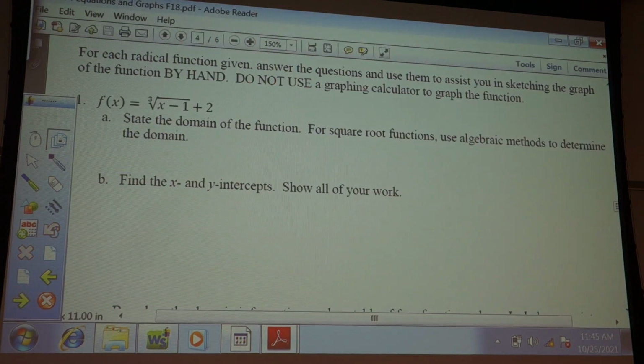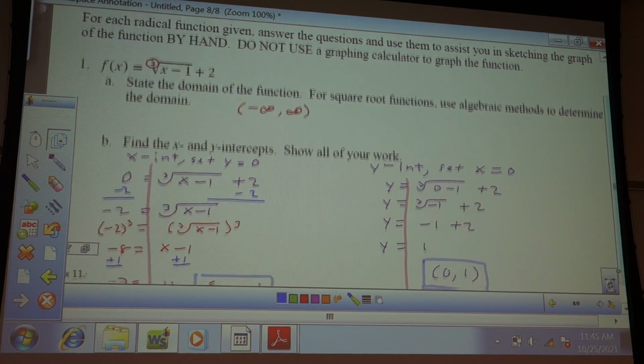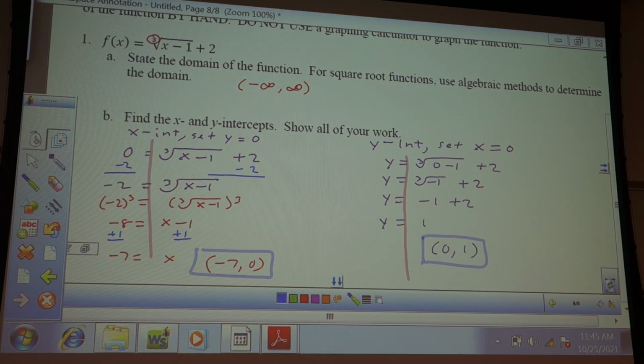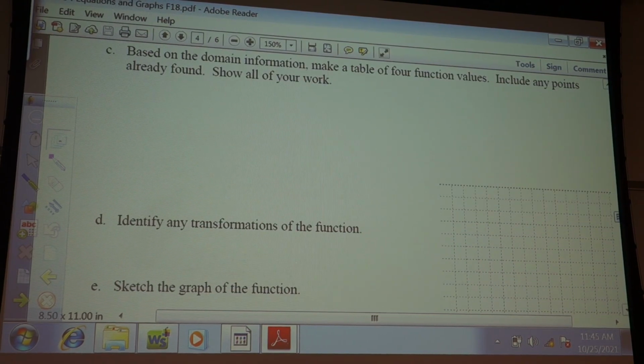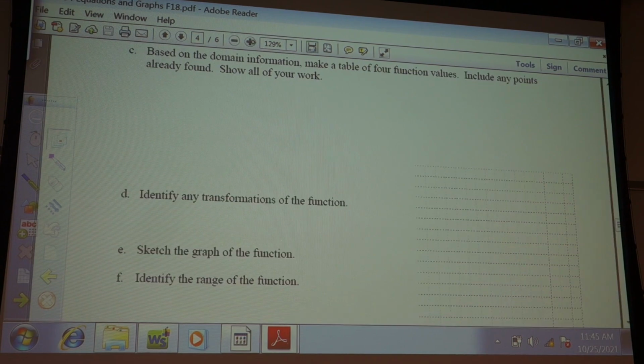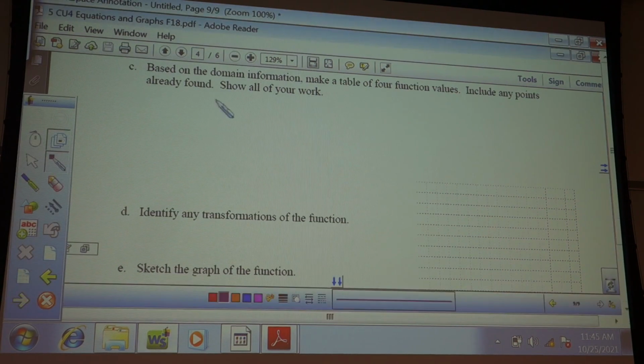Okay, so we have those 2 points: (-7, 0) and (0, 1). So now we're going to do a few more. X, Y: (-7, 0) and (0, 1).